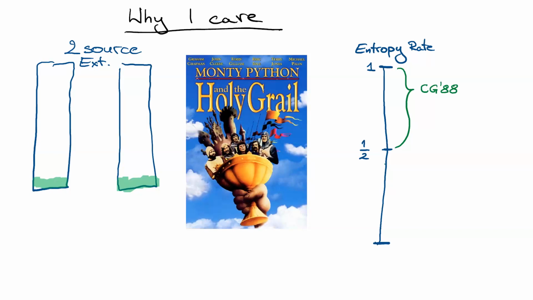And then there was an open problem for a very long time to go with both sources below half. So this is not the case of Raz. Raz gets one source below half, but the other still has to be above half. The problem was, can you get both sources below half? And Bourgain in 2005 showed that it is indeed possible.